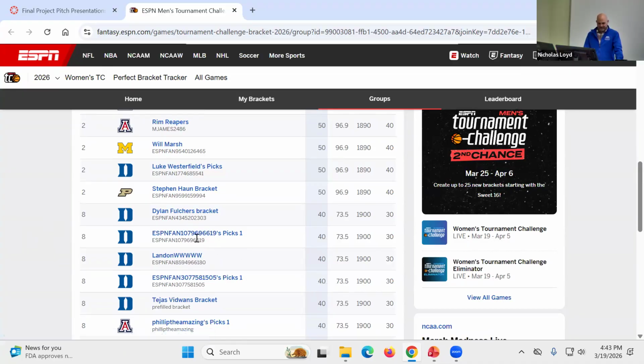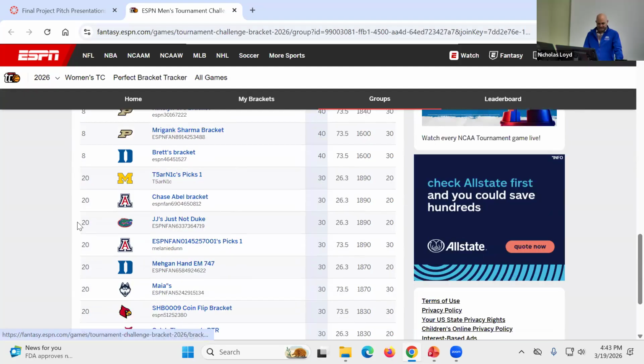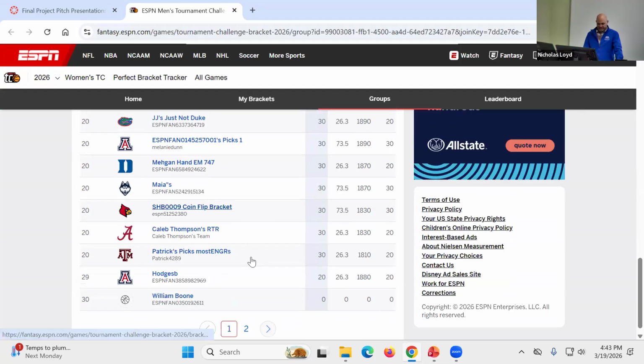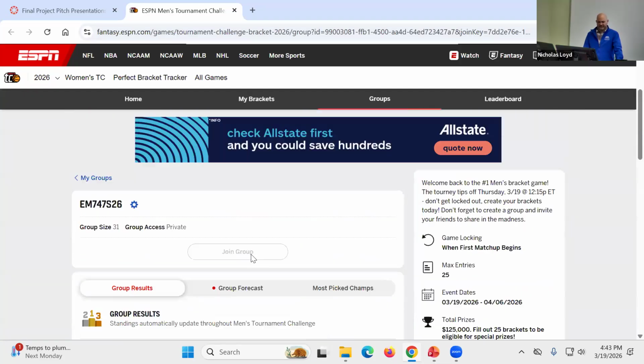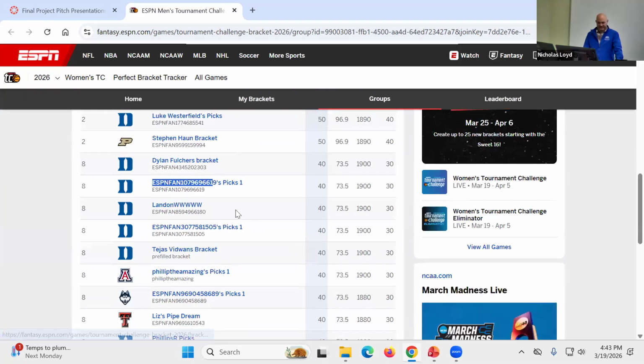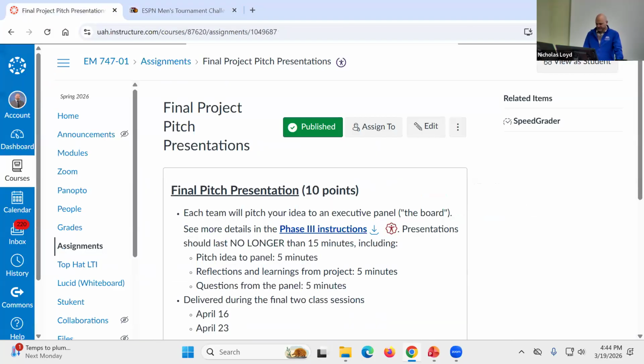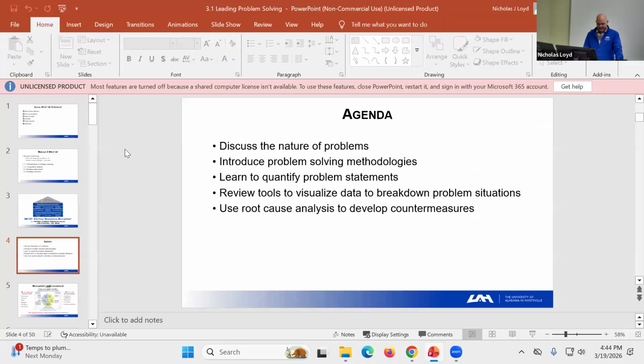If it was this, I stopped trying to break the code. As you can see, there's a few of those. Melanie, I didn't know this was yours. So if you did submit a bracket and you got a 0, send me who you are. Happy to update it. I hope you can understand. I just couldn't figure this out. So I would be remiss if I didn't at least offer that opportunity.